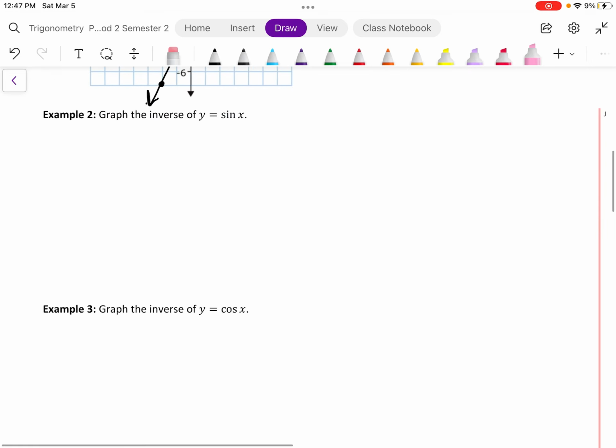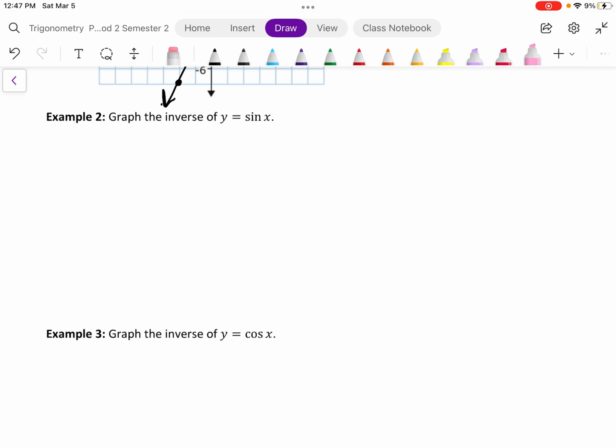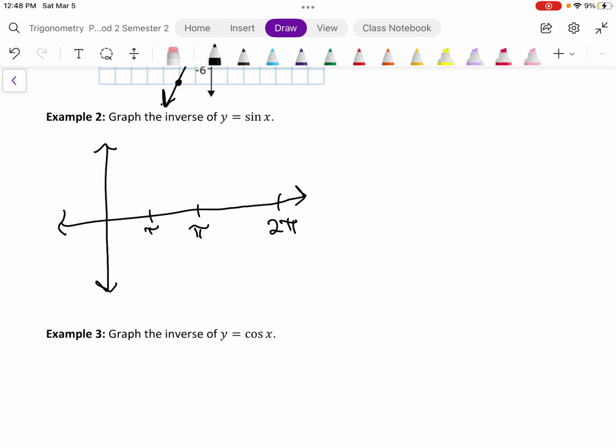So the first thing we're going to do is graph the inverse of y equals sine x. So really quick, we're just going to sketch a graph of sine, which we know goes to 2 pi, pi over 2, and 3 pi over 2, and goes up to 1 and -1.